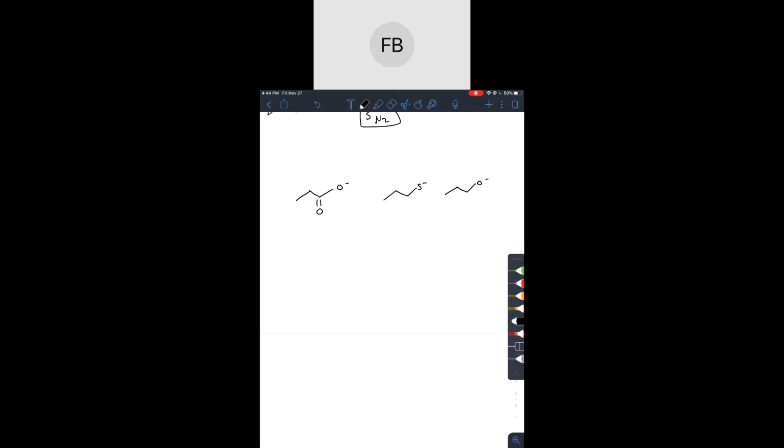And we have to rank them from most to least nucleophilic. As we know from our trends with nucleophilicity, it goes in this direction right here. Something like sulfur is going to be more nucleophilic because it's farther down. O is usually here, and then S is right underneath. So since S is farther down in the nucleophilicity chart, we're going to put the one with sulfur first.